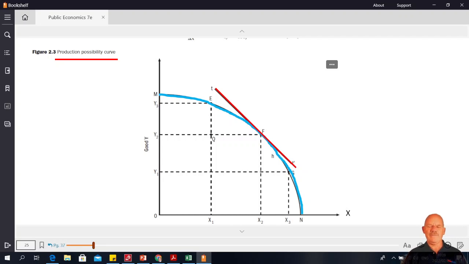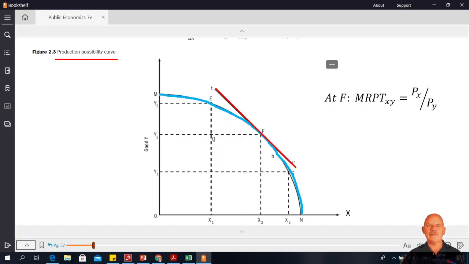They are given through competition to the producers. So the same prices that consumers pay are received by the producers. The production system will be in equilibrium if the slope of the production possibility curve is the same as the slope of the ratio of the prices. So at F, the marginal rate of product transformation must be equal to the price ratio.